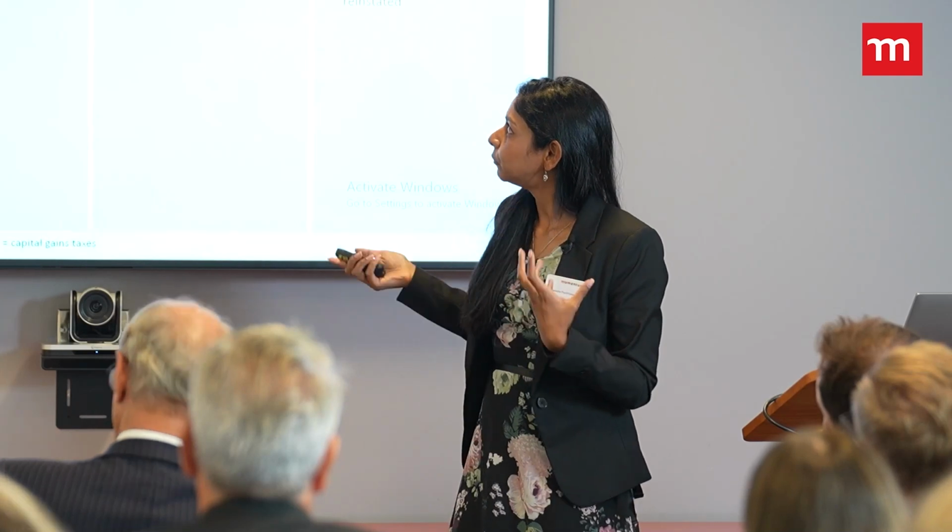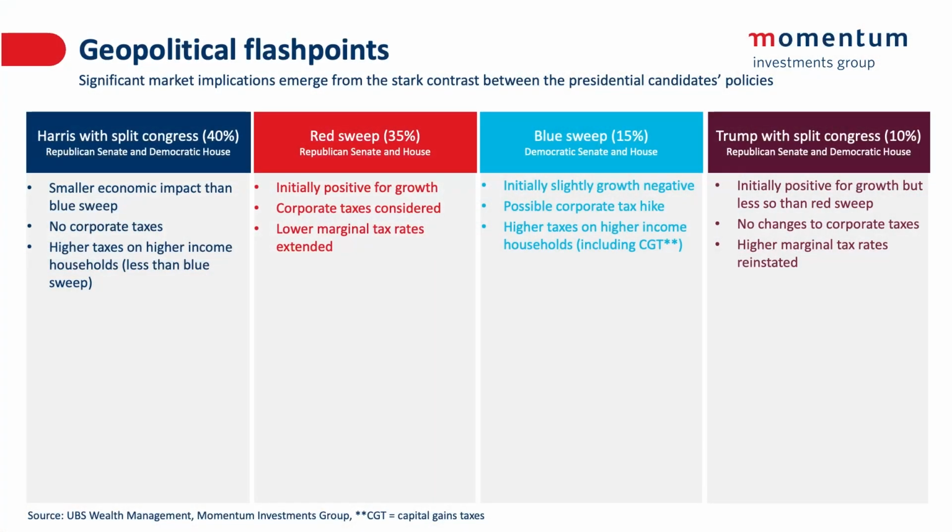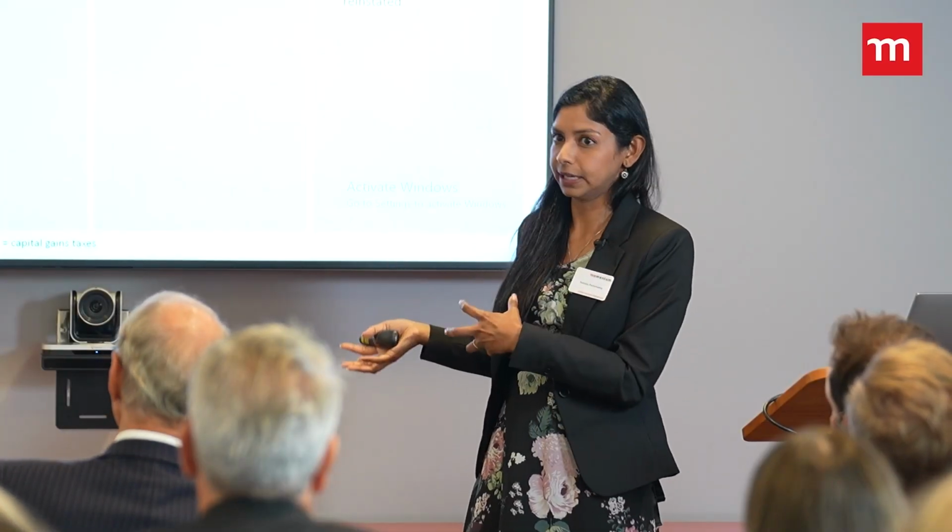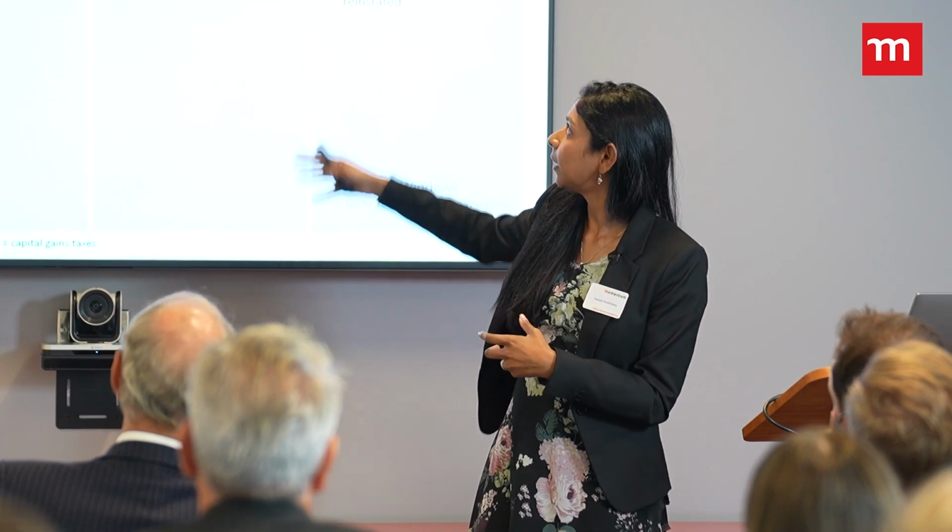In that kind of environment, we would probably see an initial boost to growth because of lower taxes. We also have the blue sweep, which is a Democratic Senate and a Democratic House. In that kind of environment, where they actually want to raise taxes, it could initially be growth negative. But further down the line, it would actually be a better outcome for fiscal responsibility and debt.